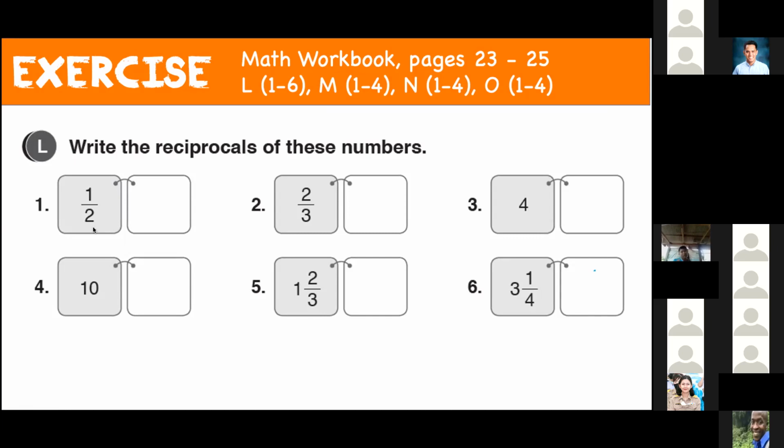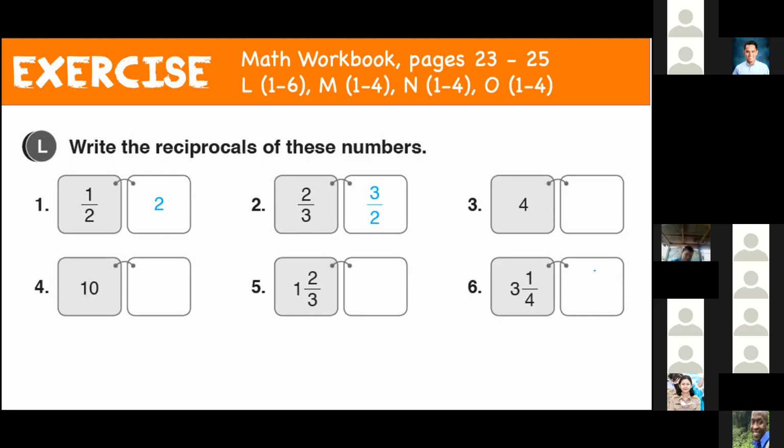Okay, so let's have number 1. Number 1, 1/2 reciprocal is 2/1 or 2. If your answer is 2/1, that is also correct. But next time, just write 2. Okay, number 2, 2/3. Switch becomes 3/2.